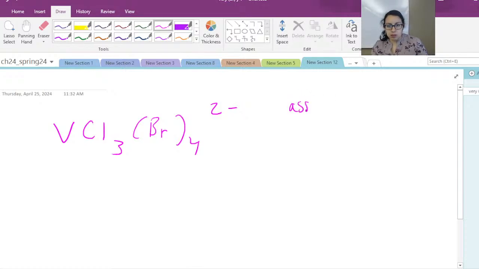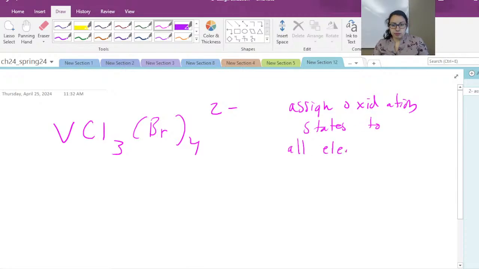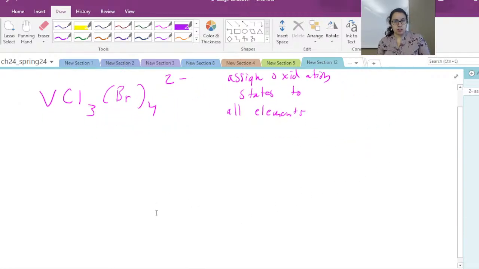For this one, assign oxidation states to all elements. Then I'll also draw the next practice.